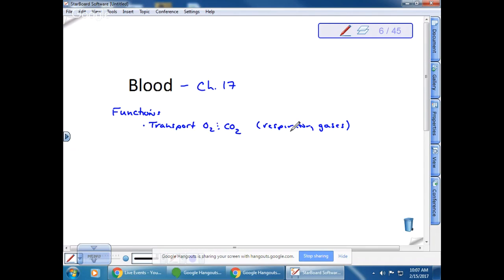Okay. The other thing is we can also transport nutrients. So, for example, glucose, right? So blood glucose levels are highly regulated, but they really depend upon what you eat and when you eat it, right?